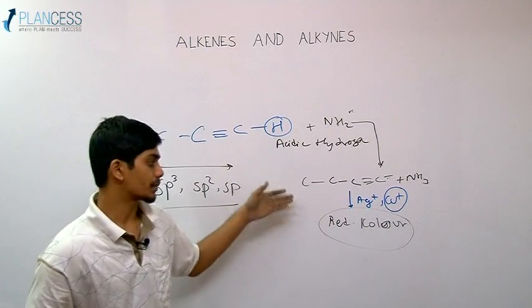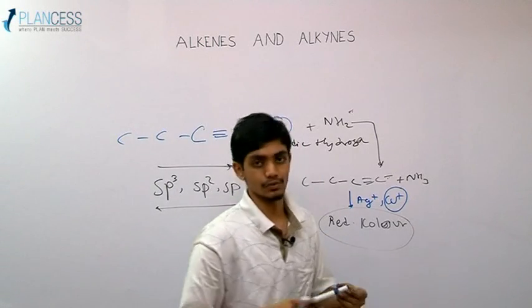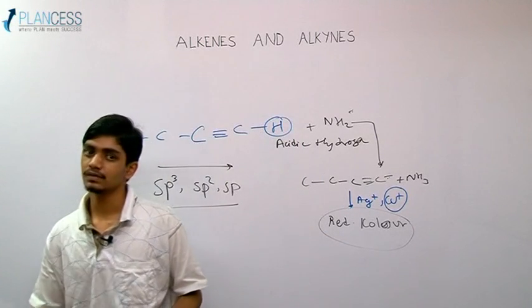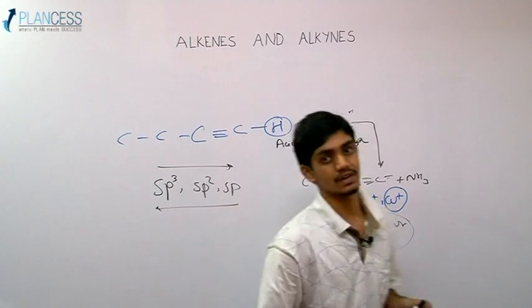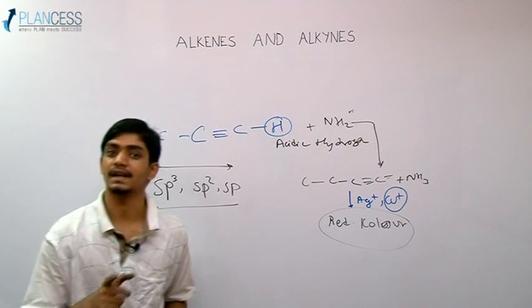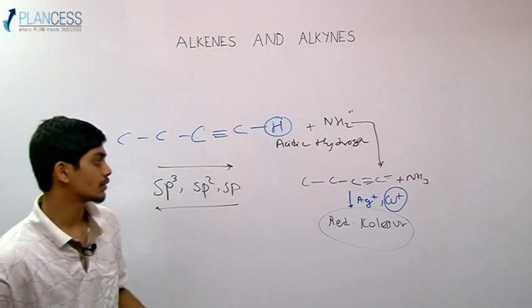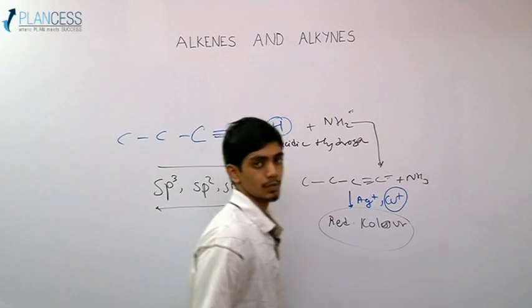For double bonds, you perform the ozonolysis and you will easily get the solution, because ozonolysis of alkynes will give carboxylic acids, as you will see, but ozonolysis of alkenes will give only aldehydes and ketones. Now if you want to check for alkynes, then you go for this Cu plus test.